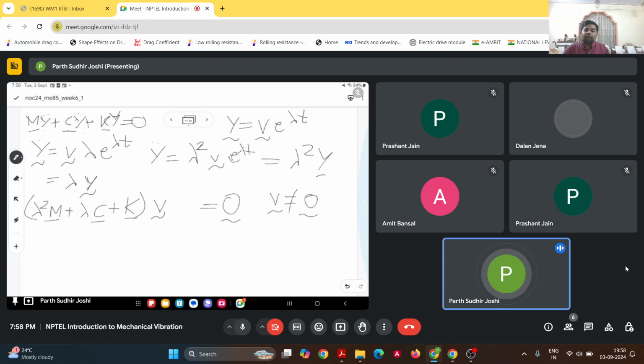Let us say you have a matrix equation of the form Ax equal to 0, and we want a non-trivial solution. When I say non-trivial, I mean non-zero, where not all terms in the vector x are 0.